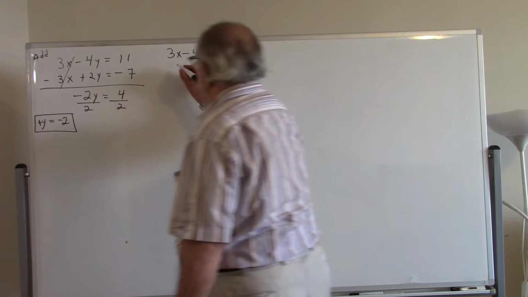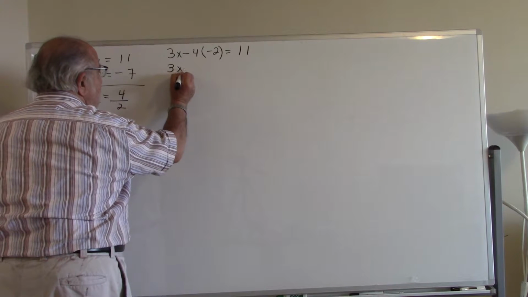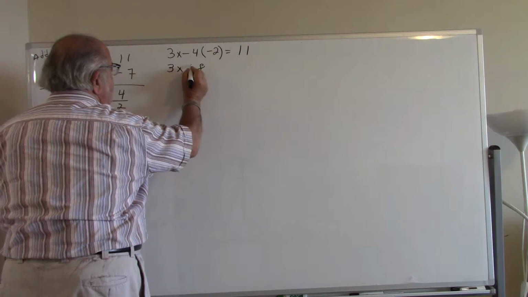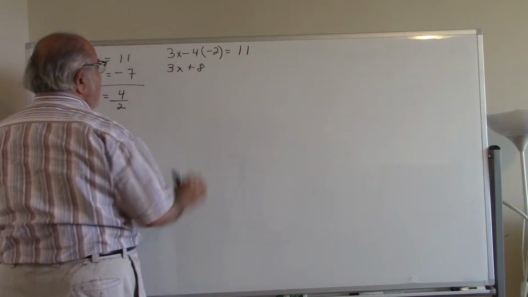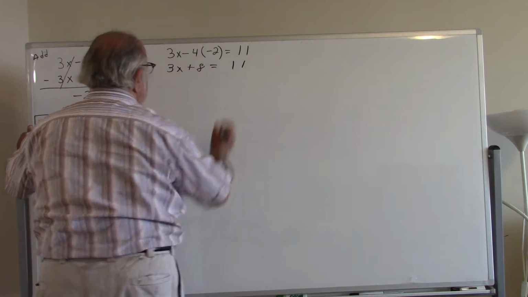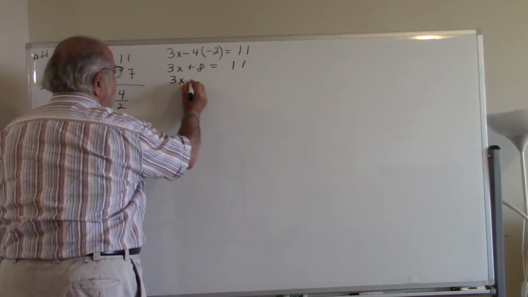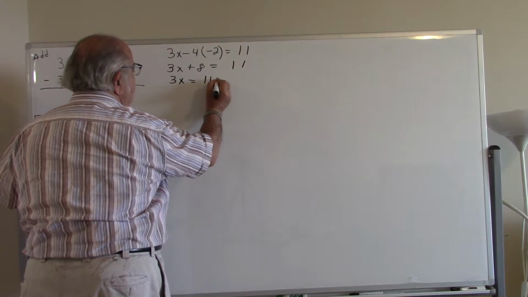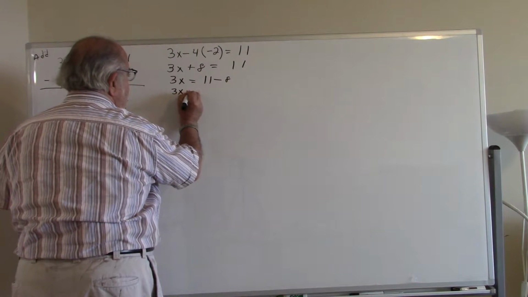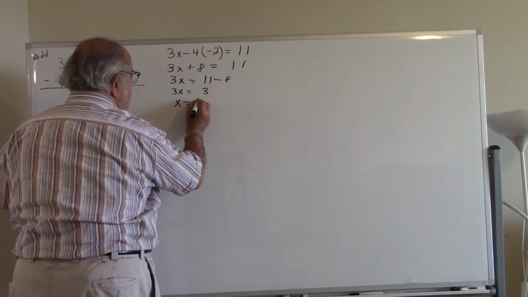So now we have 3x, multiply, you have 8, a minus and a minus is a plus, equals 11. Now you have 3x equals 11 minus 8. 3x equals 3, x equals 1.